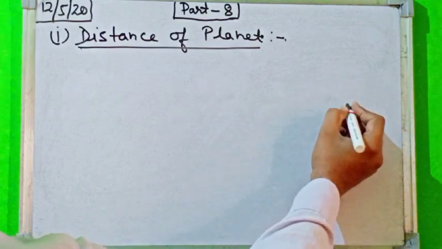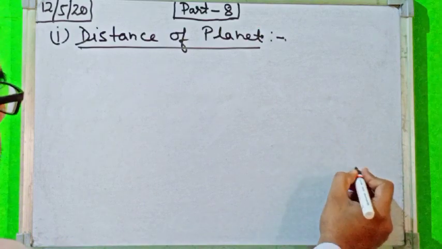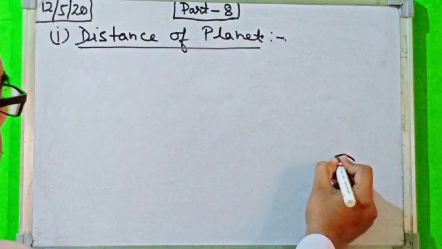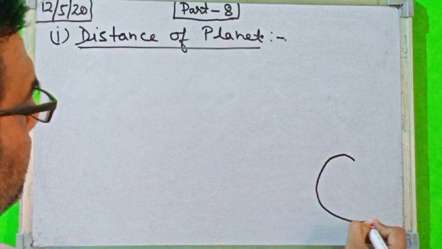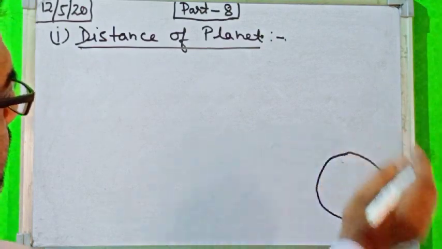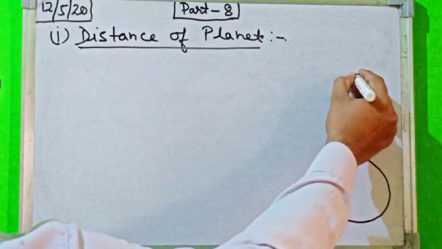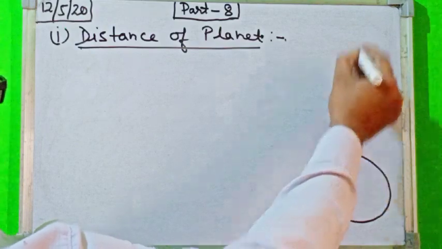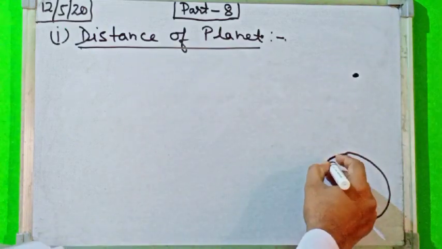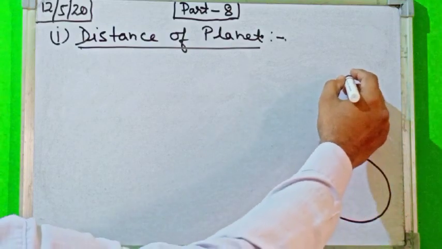Look at here. This is our earth, and this is planet, position of planet P. On the surface of the earth there are two observatories.